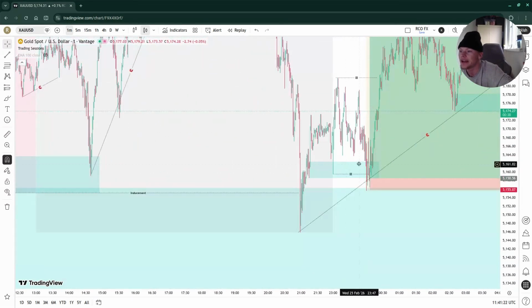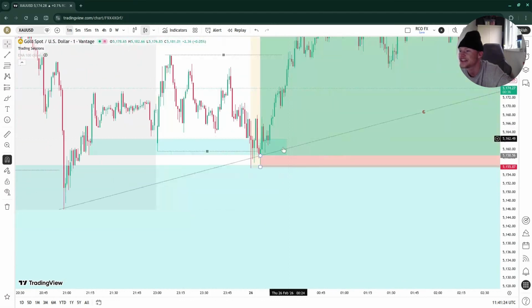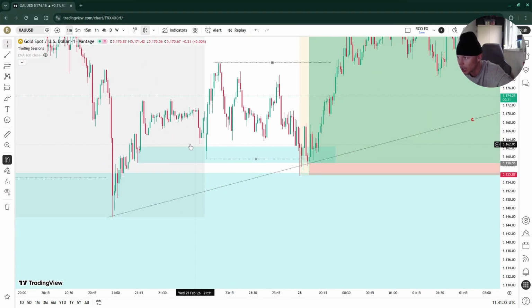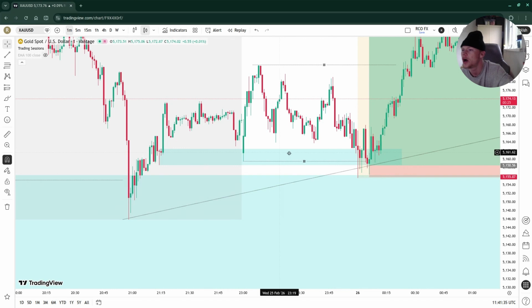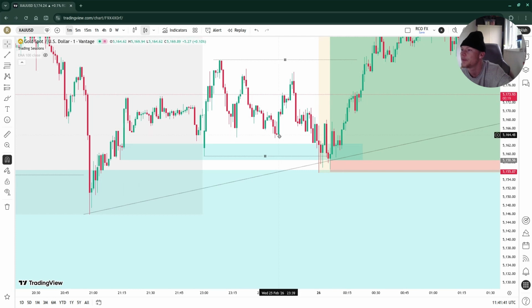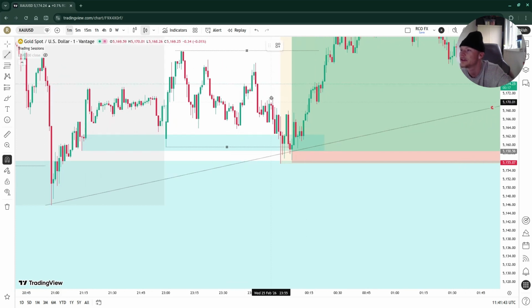So we come down here. Asia session started straight away, took the liquidity out, respected this support area, demand. So yeah, look, we got a nice reaction, come down, we had this little level of liquidity here.